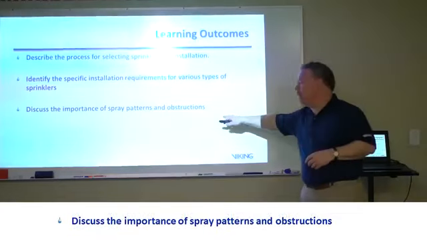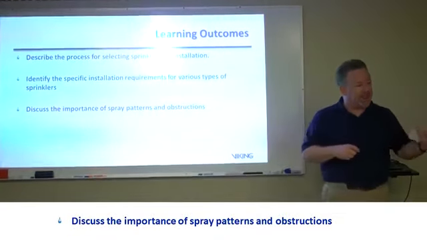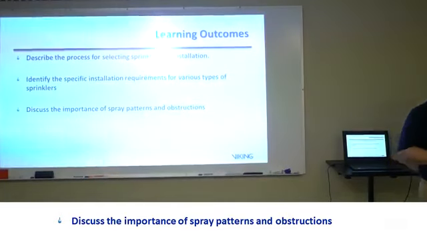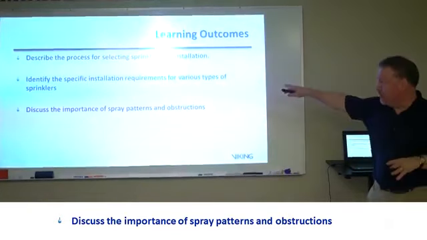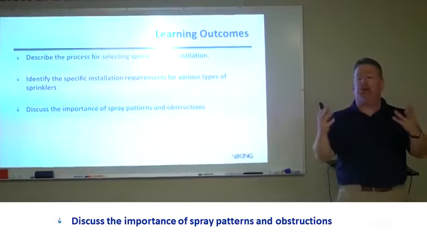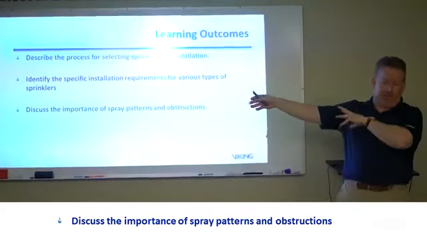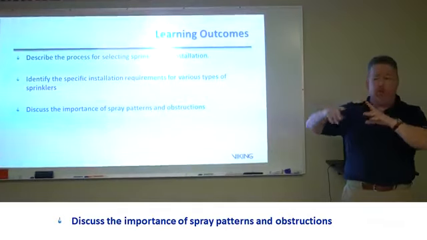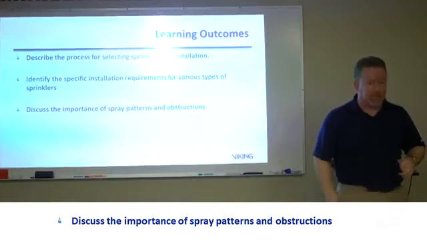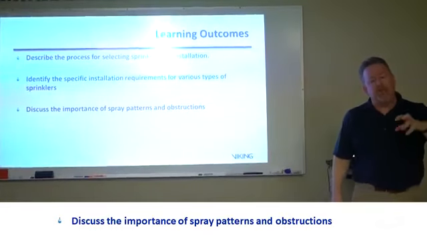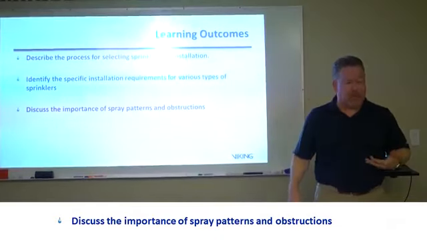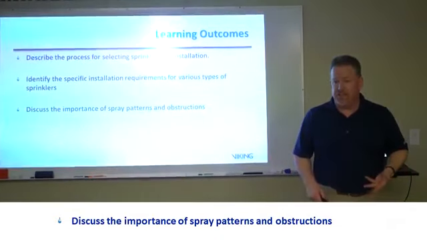And then discuss the importance of spray pattern obstructions, because not only as we look at the rules for what type of sprinklers we can use and the installation requirements for various types, remember we showed you earlier, in the previous session, those spray patterns. We showed you the videos of the nice spray patterns developing, and how the sprinkler covered that particular area with spray at a specific density.